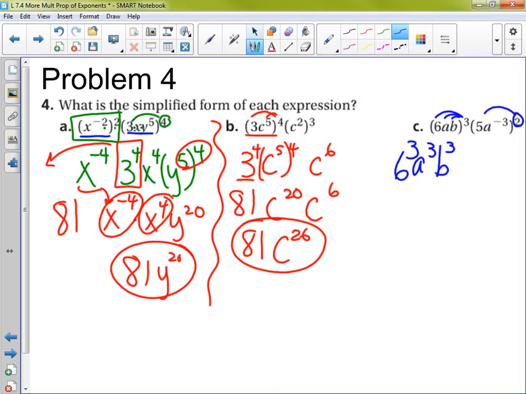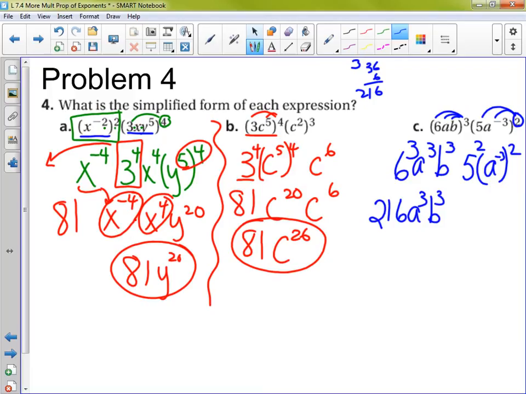And the second part, give the 2 to each part inside, so that's 5 to the 2nd, a to the negative 3, raised to the 2nd. 6 to the 3rd power, 6 times 6 is 36, 36 times 6 is 216. 216, a to the third, b to the third. 5 to the second power is 25, and a to the negative 3 to the second power is a to the negative 6th.